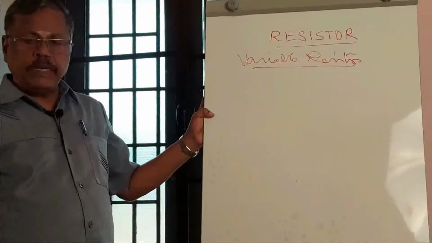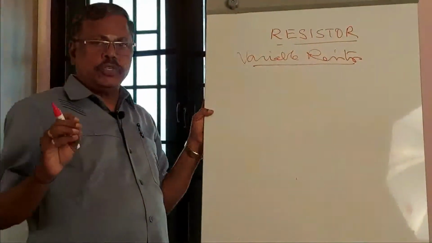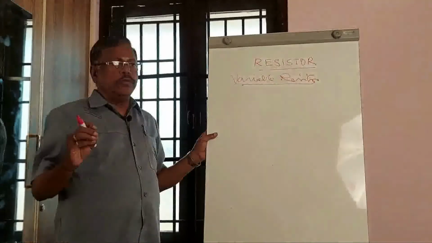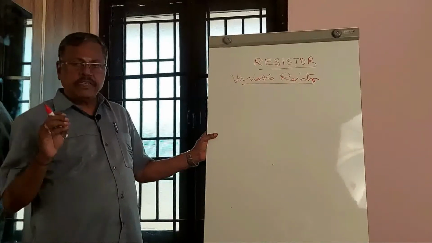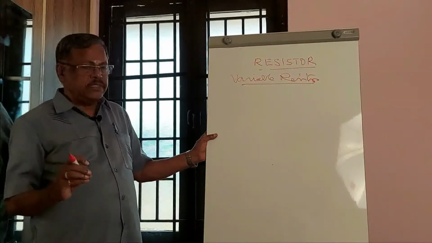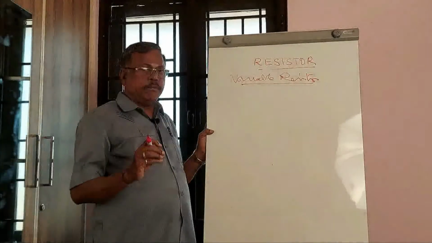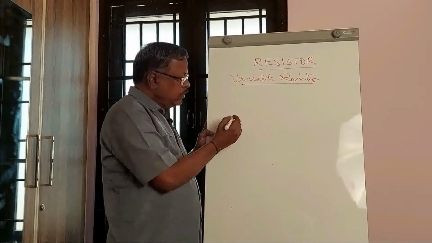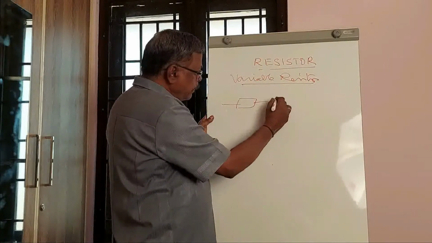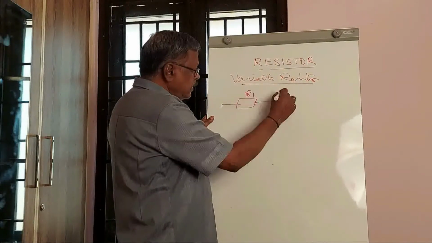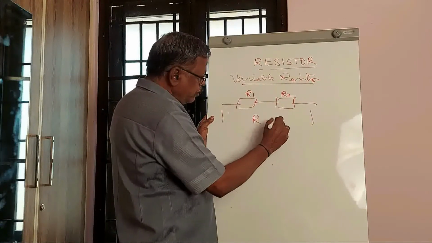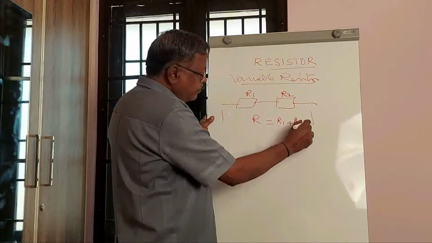Before learning about variable resistors, we should understand how resistors are going to be effective when connected in series and also when connected in parallel. What are the effects? Let us understand that. For resistors connected in series, R1, R2, the effective resistance R is going to be R1 plus R2.